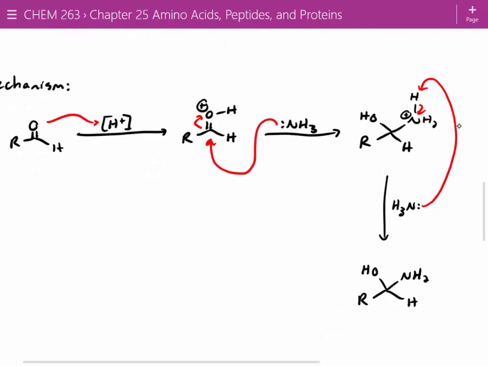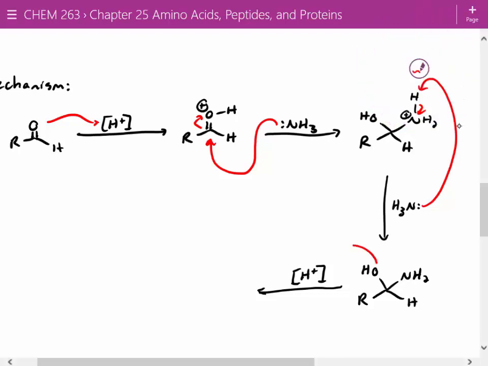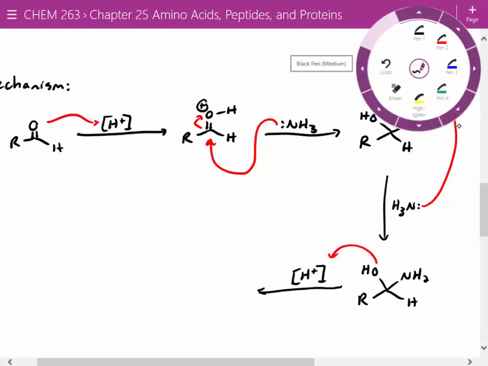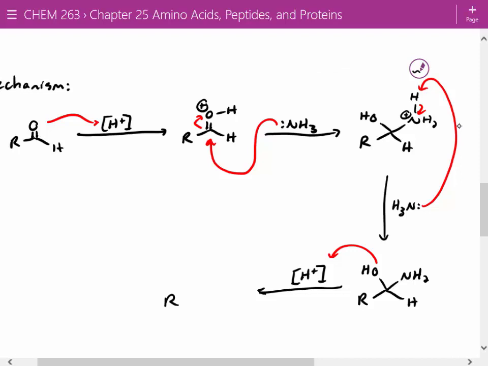In the next step, we've got more acid around in solution, so I'm going to draw this as just H+. And we can protonate our alcohol. So this should look very familiar to you guys, right?